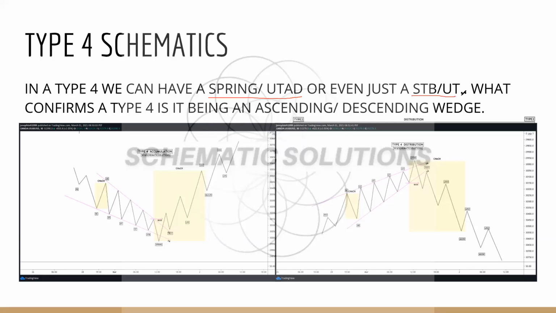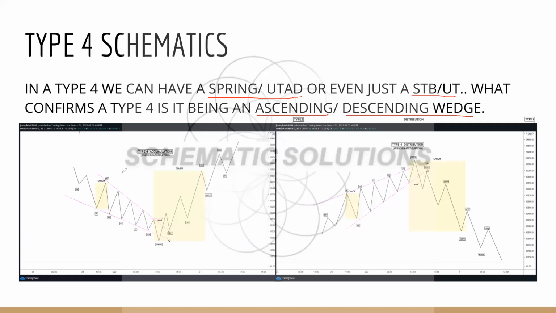Keep in mind, if we have a spring or a UTAD, all we need is our break of structure. If we have an STMB or upthrust, we need our sign of strength or major sign of weakness. That's all that means. So we're just going to be looking for those confirmations. And ultimately, the type 4 is just an ascending or descending wedge. That's all the type 4 is.